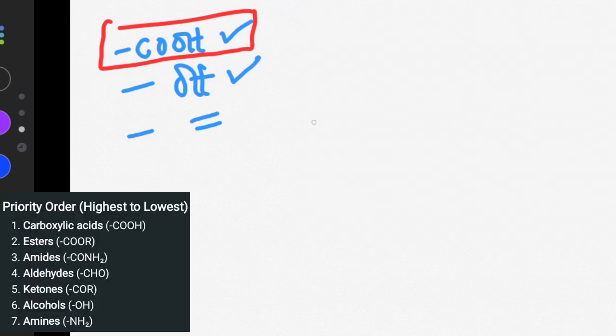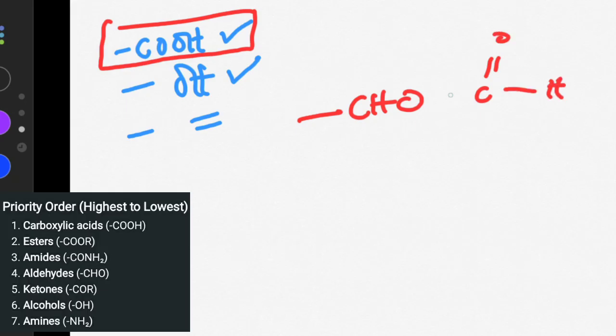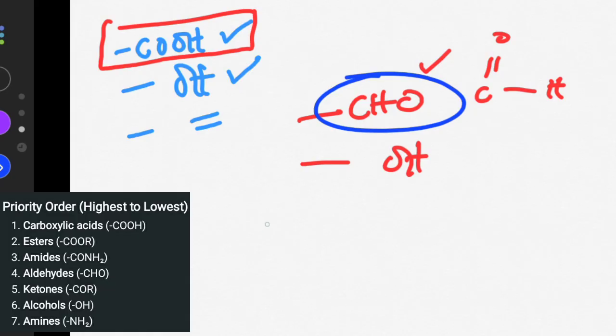So if, for example, we have this is the aldehyde, which you can write this way. If you have this occurring in a compound and at the same time you have an OH occurring in a compound, we tend to give the aldehyde the parent name.